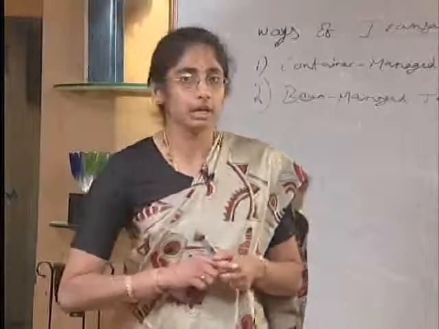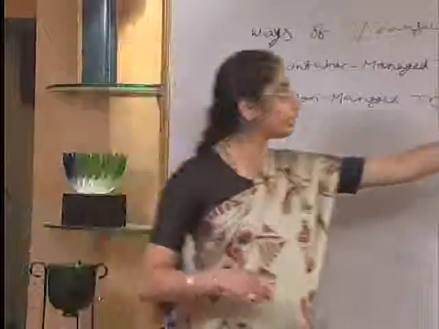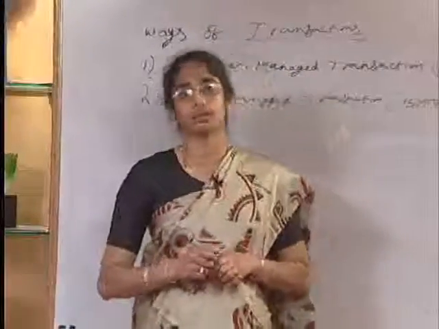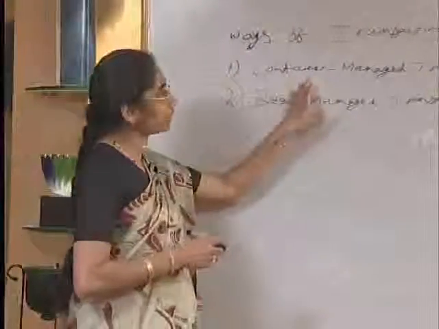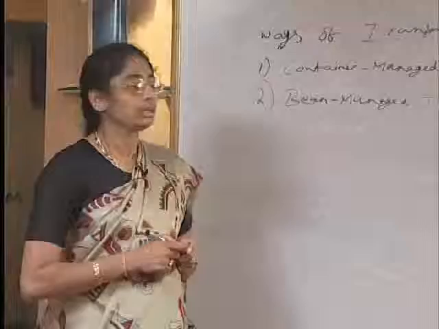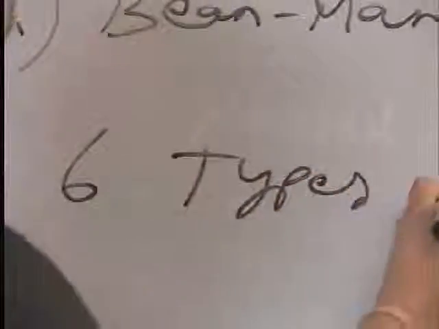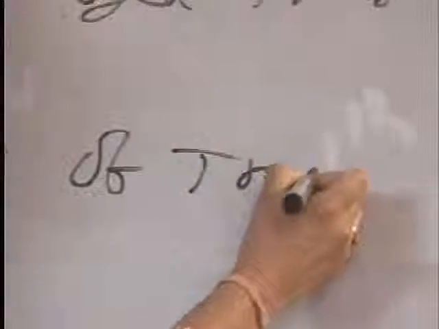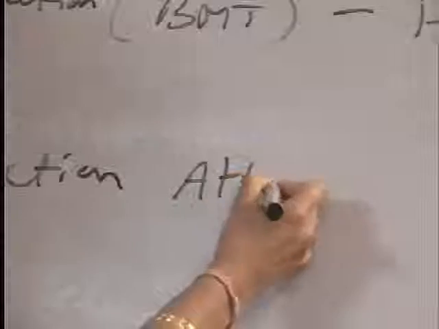What we saw there was nothing but a container managed transaction declaratively specified in the ejb-jar.xml file. So, when you work with a CMT, there are 6 types of transaction attributes.